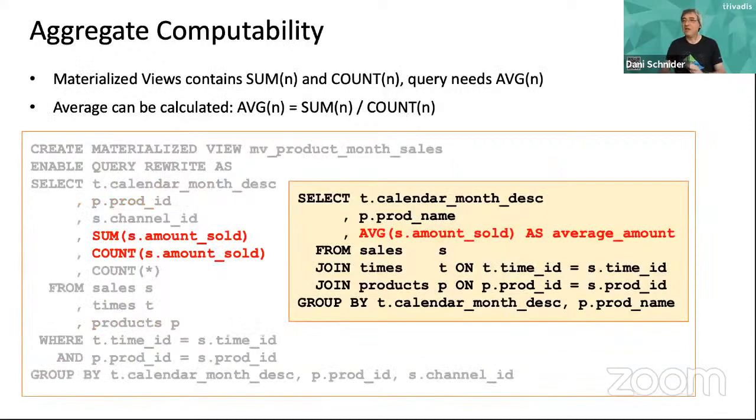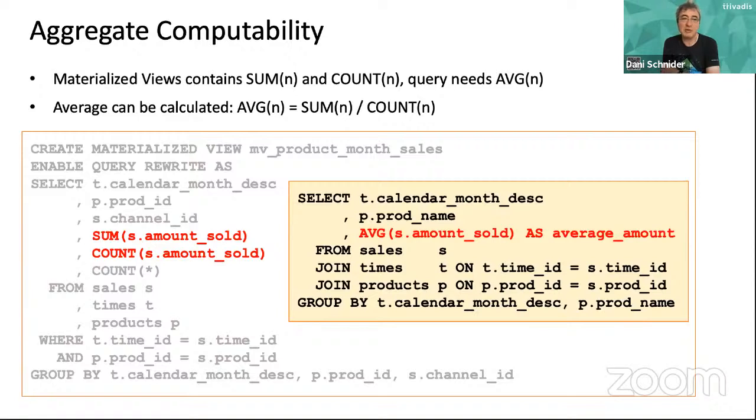And the second example I will show you is the so-called aggregate computability, a difficult word. I have the sum of column amount sold on the sales table, and also the number of rows where amount sold is filled, so the count. But in the query, I ask for the average.